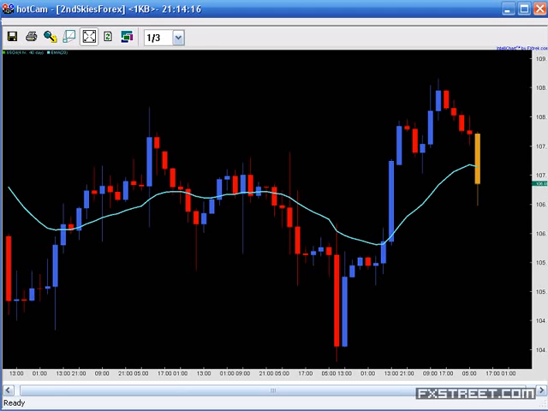I could be making 200 pips on this one here. But they're not looking at the risk. The first thing they're looking at is the target. That's how you haven't fully matured as a trader, when the first thing you're looking at is the target. The first thing you should be looking at is the stop. The first thing you should be calculating is the risk, because that's the most important thing you're concerned with.